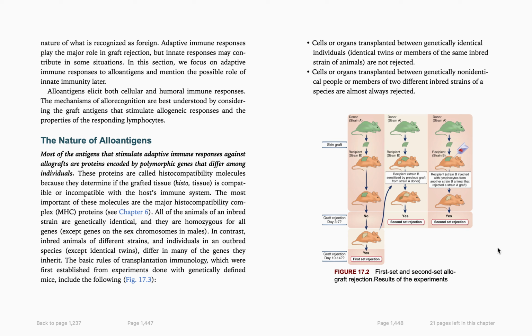The basic rules of transplantation immunology, which were first established from experiments done with genetically defined mice, include the following. First, cells or organs transplanted between genetically identical individuals, identical twins, or members of the same inbred strain of animal are not rejected. Cells or organs transplanted between genetically non-identical people or members of two different inbred strains of a species are almost always rejected.